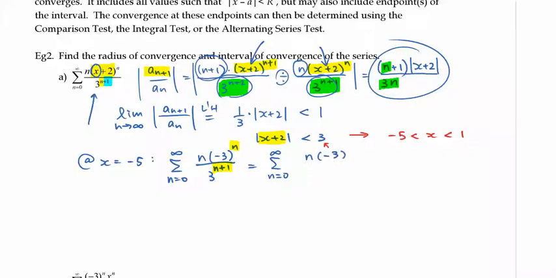So in this case, I'm going to consider this as having 3 to the power of n times 3 to the 1, or technically just having 1/3 brought to the outside. And also, with a negative inside the bracket, I can rewrite this as -1 to the power of n and 3 to the power of n.